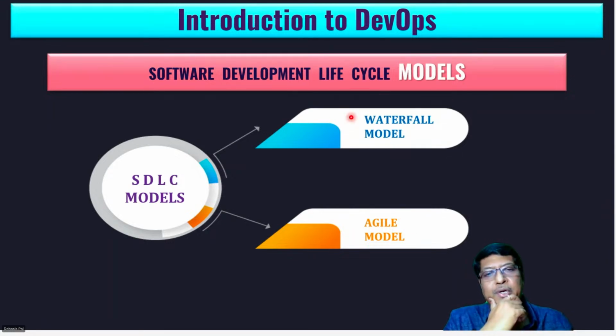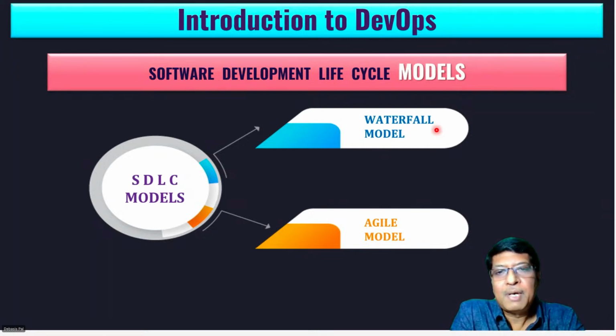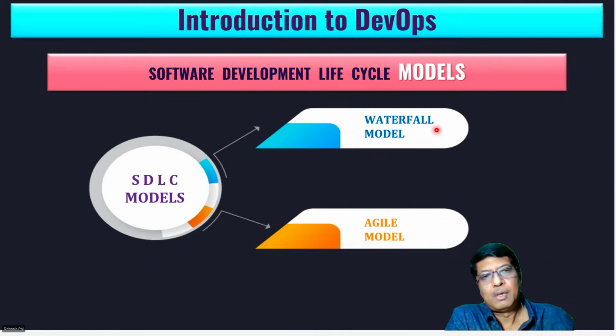You also know the waterfall model, I'm very sure. I will say the waterfall model was, not is. It is past tense. It was a very popular model, and it was the only model available. But the success rate of a project in this waterfall model was very, very poor.